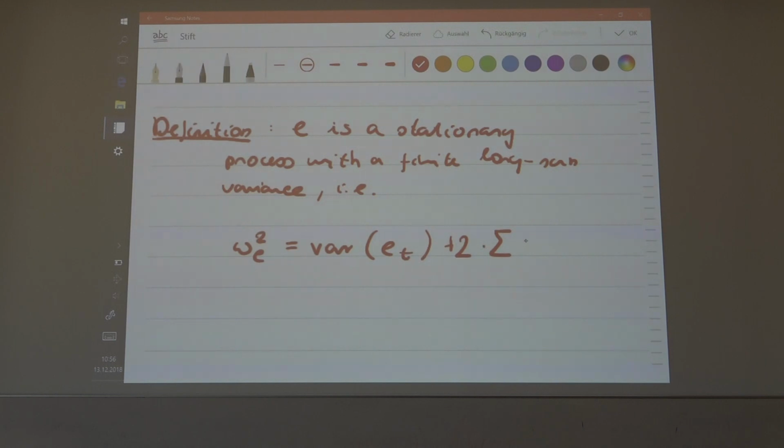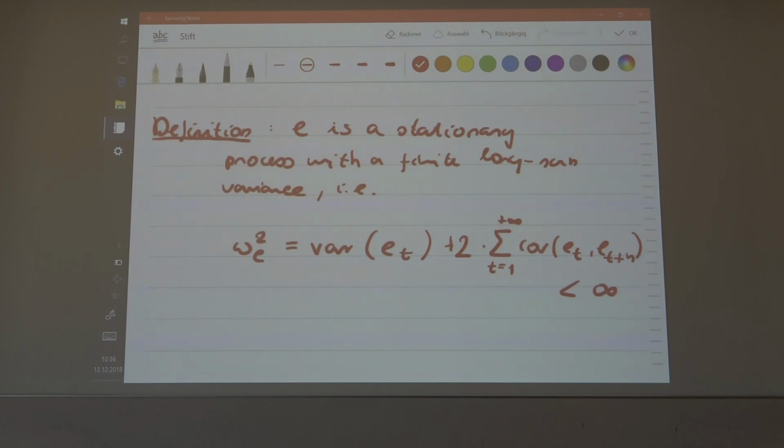Here you have the covariance of e_t and e_{t+h}, and you take the sum from h equal to 1 to plus infinity, so you sum up everything, and you find that this is going to be finite.